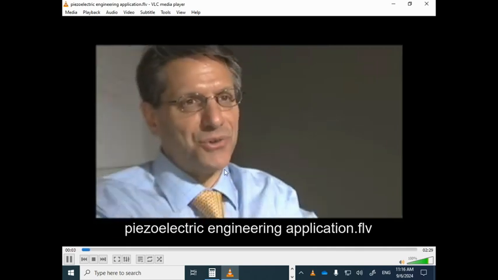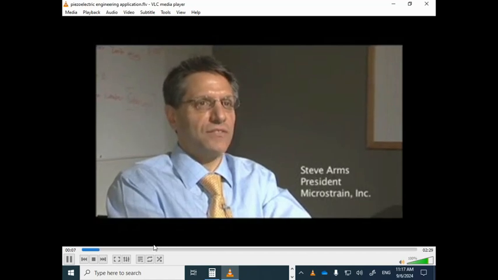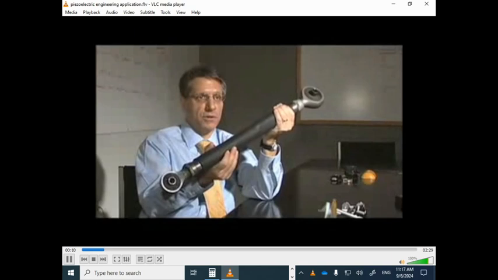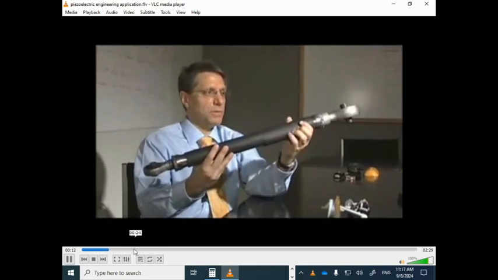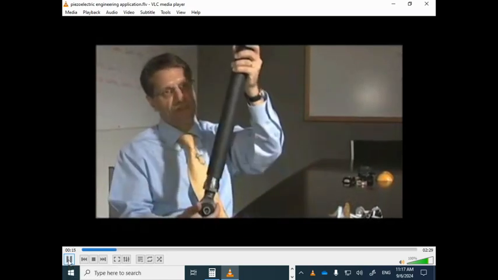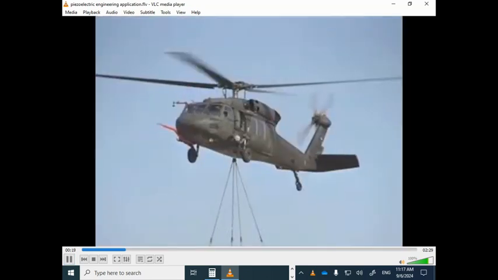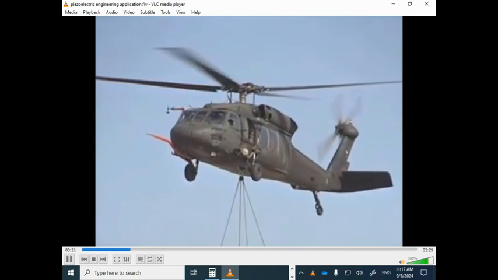What's neat about the whole sensing business is that it's not one thing, it's lots of things that have to happen to make this work. This is a part from a helicopter. This is called a pitch link or a control rod. I'd kind of like to get a control arm on my Jeep that looks like that, actually. Anyway, sorry, it's unrelated. The purpose of this component is, as the helicopter is flying, it's spinning round and round and round, and its job is to change the angle of attack of the rotor up here.